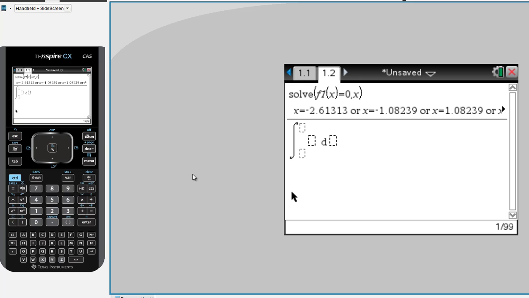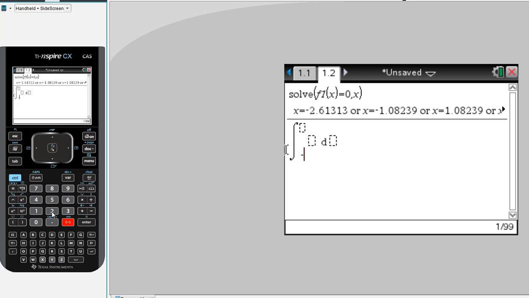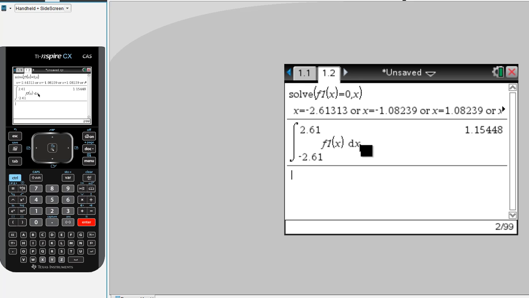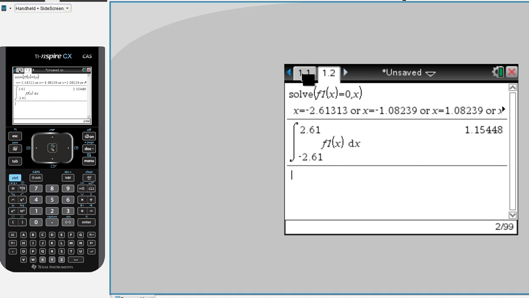Enter from minus 2.61, that's fine, to 2.61 was the upper limit, and the function is f1 of x and then dx, because x is the variable. Now the integral is 1.15. So let's have a look at it again.